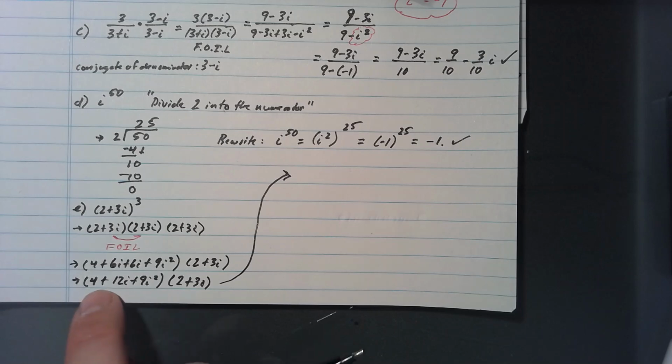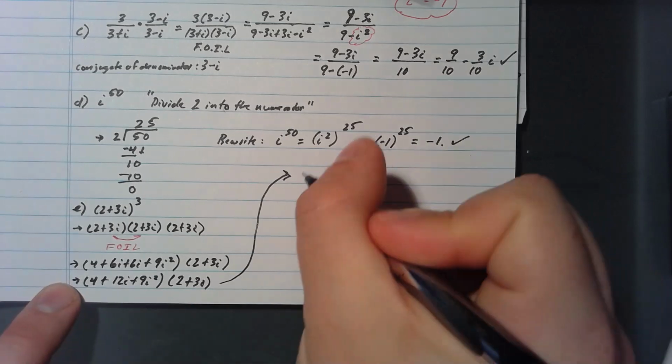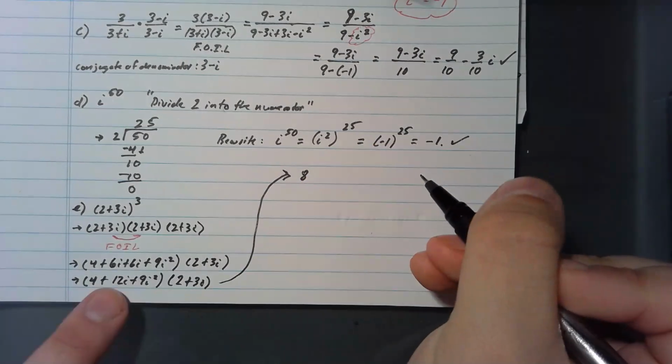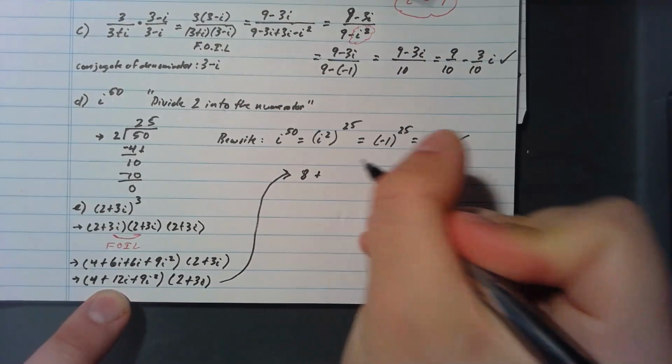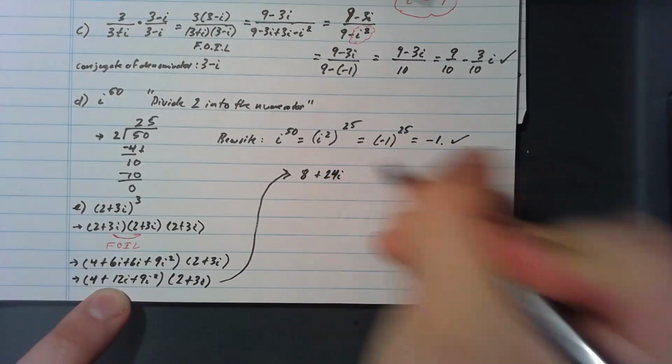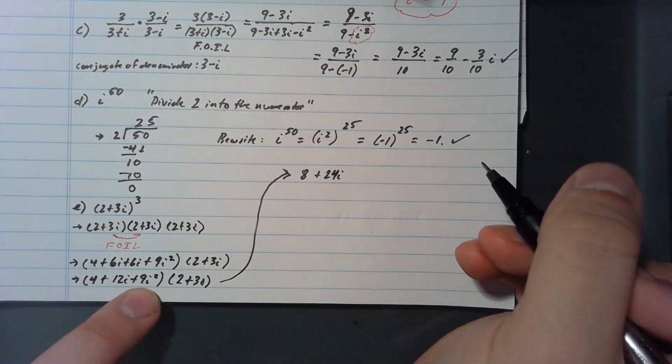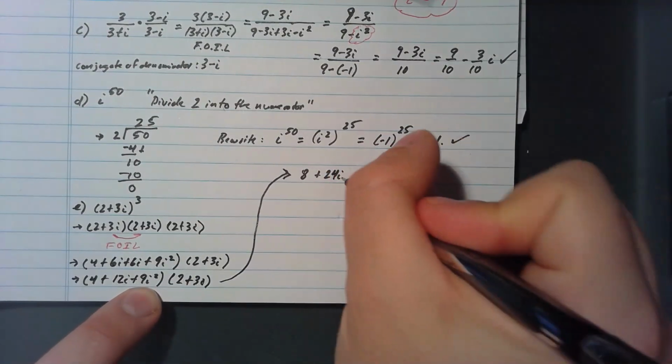So 2 times each one of these, let's write that out. 2 times 4 is 8. 2 times 12i is plus 24i. 2 times 9i squared is 18i squared.